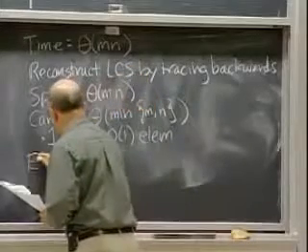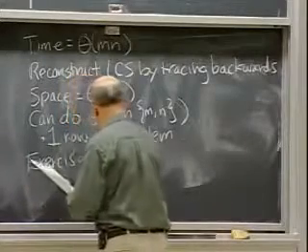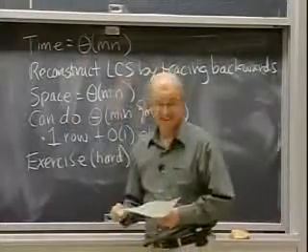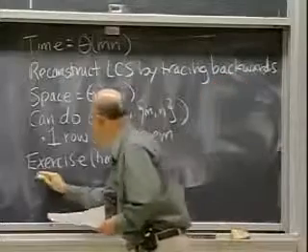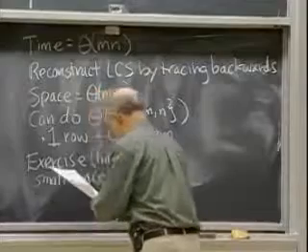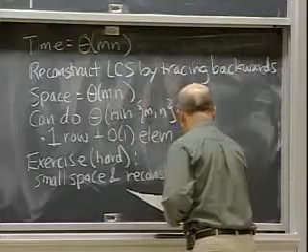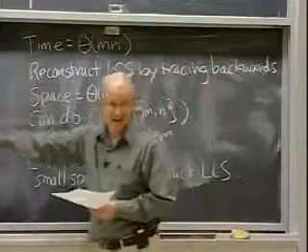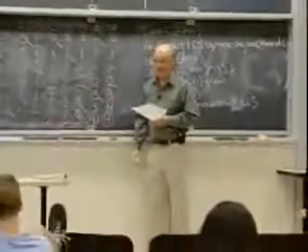Okay, and our exercise. Okay, and this is a hard exercise. But a good one to do is to do small space and allow you to reconstruct the LCS, because the naive way that we were just doing it, it's not clear how you would go backwards from that, because you've lost the information.